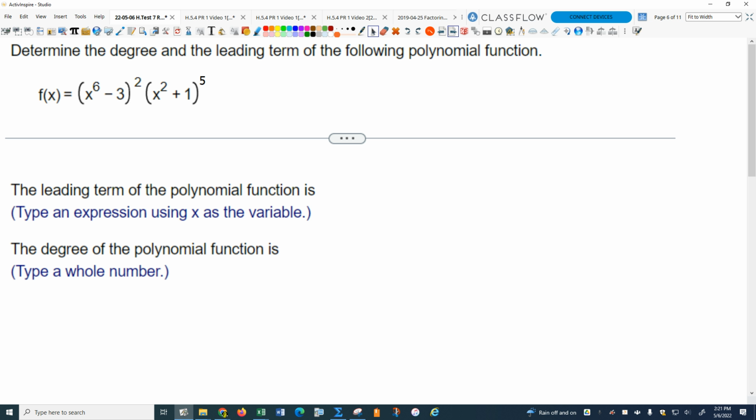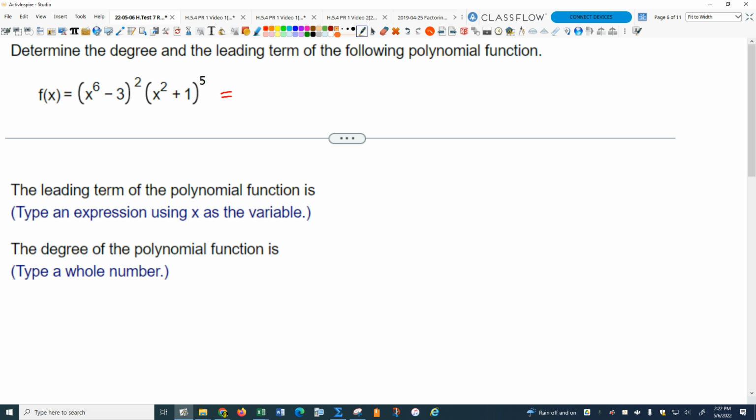Okay, they want the degree and the leading term, and that's it. So really, we just want the leading term, and that's going to give us both answers. What's the leading term going to be on this? Ashton, what do you think? That's right. Good.